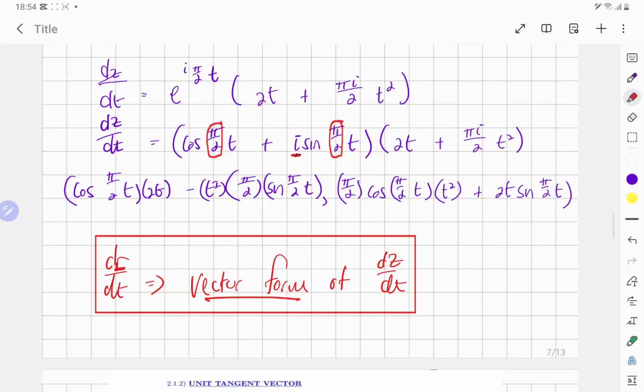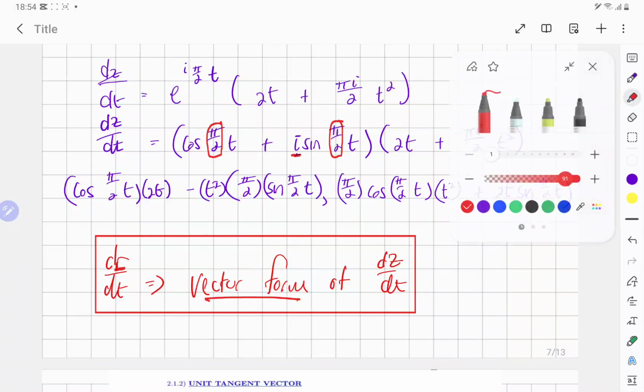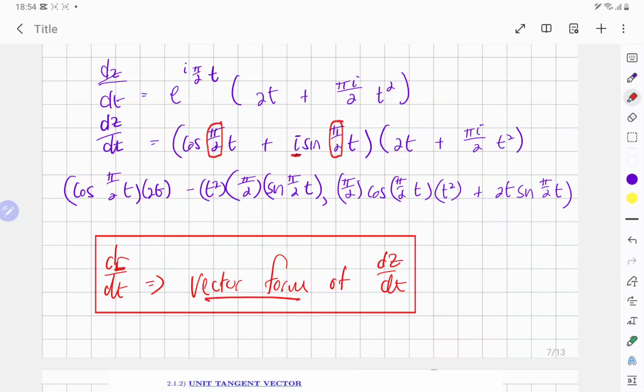That will be my x component, and I need to find my imaginary part. Just recall from earlier, for the real part, I will multiply the first two components, hence this one, then I will multiply the last components.